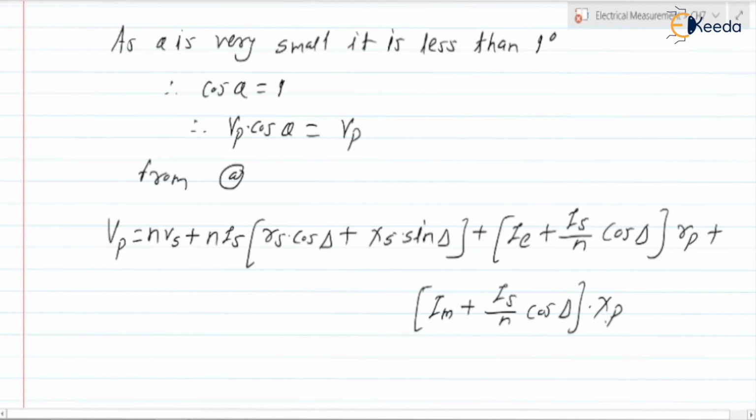So we can write it this way by using equation a.